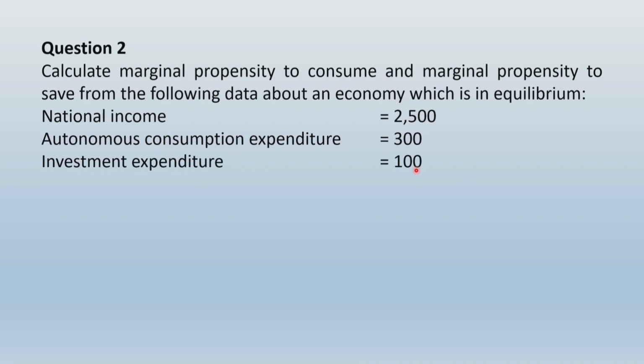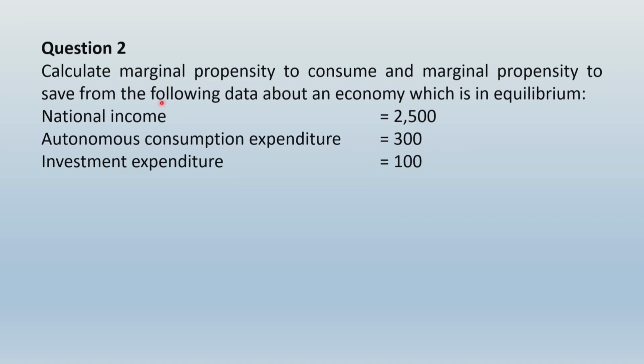So guys, can you understand one thing simply, that your national income is 2500 and investment expenditure is 100. So it is implied that the consumption expenditure will be the remaining amount, that will be 2500 minus 100. Why we are talking about this?